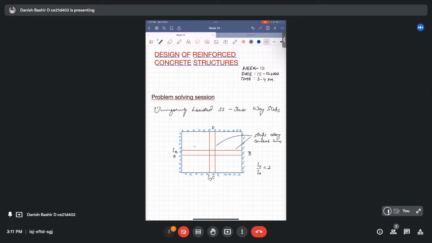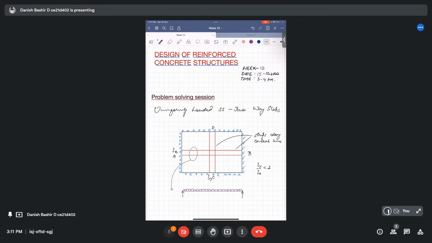This strip which is along the Ly direction, I am making an exaggerated view of this one. If I see this strip, it will be simply like a simply supported beam with a UDL over it.